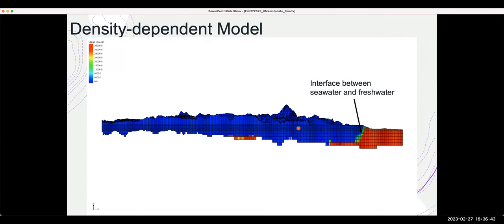So it gives you some perspective on the interaction between the less dense freshwater, as Xander mentioned, and the more dense saltwater. For every meter change in the water level of the aquifer, there can be a significant lateral migration of the interface, and that's what we're after in these simulations.